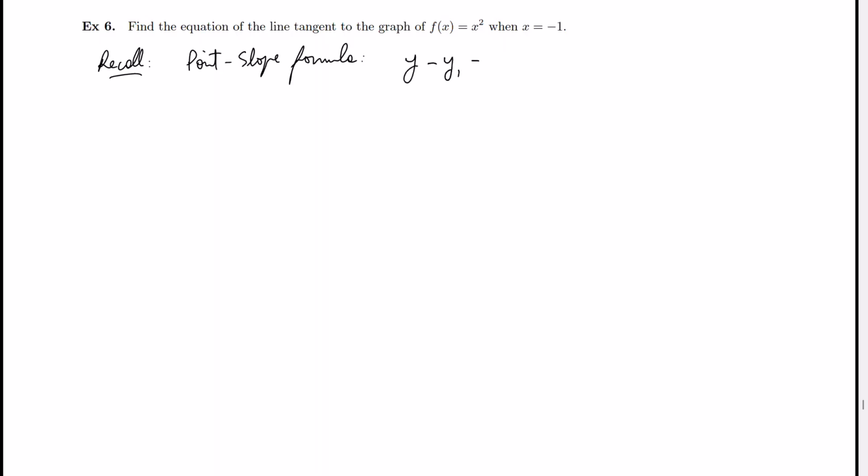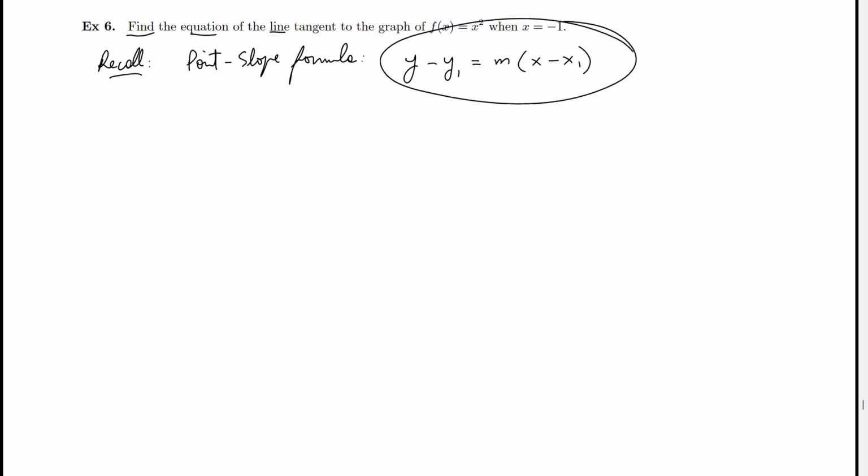It's y minus y1 equals m times x minus x1. This is the formula that you use to find the equation of any line, regardless of whether it's secant, tangent, or in algebra or in calculus. This is always the starting point to find the equation of any line. So if you hear the words find, equation, line in the same sentence, this is where you have to start.